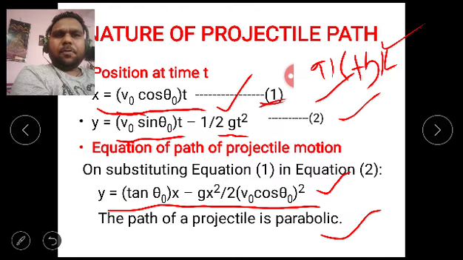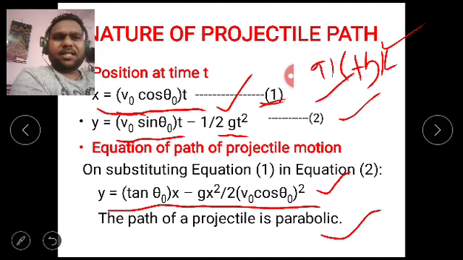And we observe it in our day-to-day life. Whenever we throw a cricket ball in the air or to another person, we observe that the trajectory of the cricket ball is parabolic in nature. The same is the case for a football. When you kick a football, the trajectory is parabolic in nature. So the path of the projectile is parabolic in nature.